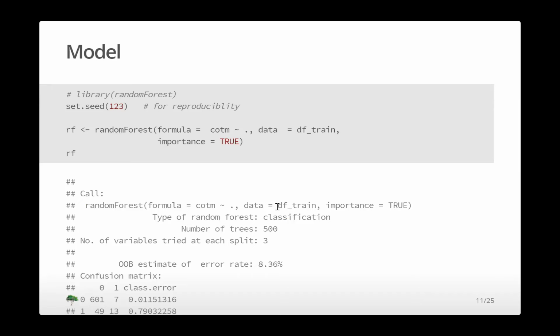Those cases are the out-of-bag cases, and then it tests the tree model on that out-of-bag sample and does this again and again and again, and that's where you get your out-of-bag estimate. This value here actually is calculated from the confusion matrix.